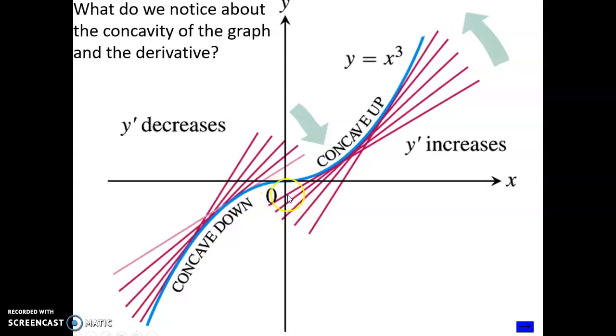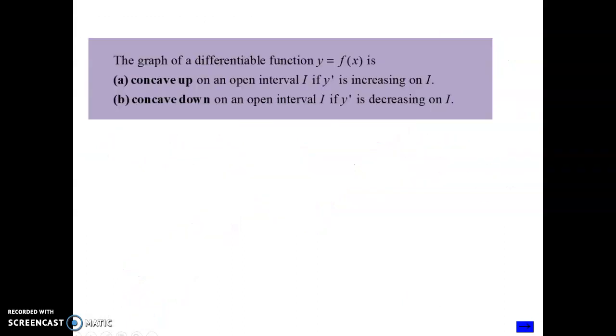The tangent line is positive, then more positive, then more positive as I move through a concave up area. This will always be true: in a concave down area, the derivative will decrease, and in a concave up area, the derivative will increase.